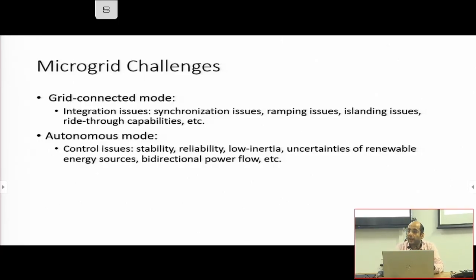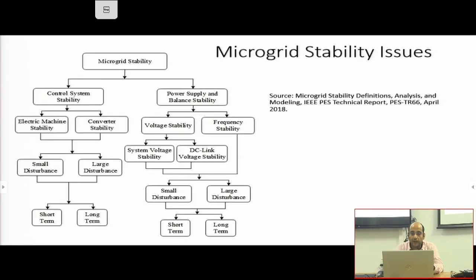When you talk about a microgrid, there are other types of stability issues also, and there is one completely different division. The voltage stability, frequency stability and angle stability are mainly related to the power supply and balance problem. For example, if your generation is more or generation is less in a classical power system, then what will happen?